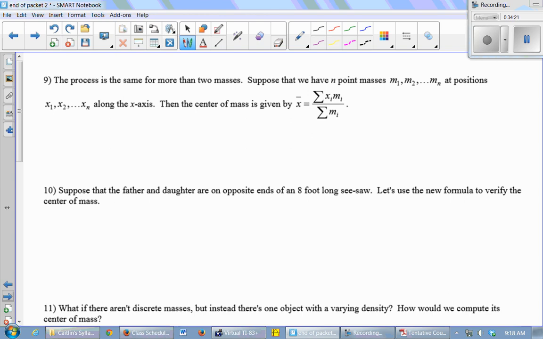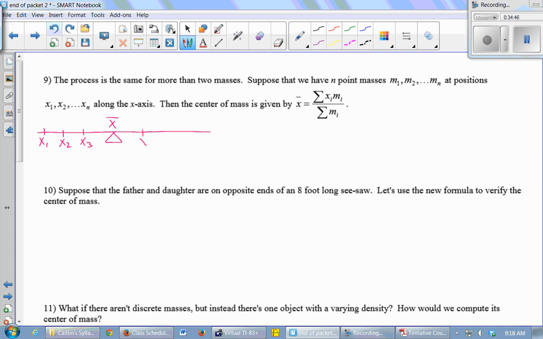So if x bar is my center of mass, so let's draw a picture. We'll call this x bar. This is which I don't know where it is. And I have all these point masses, one at x1, one at x2, one at x3, a whole bunch of them.